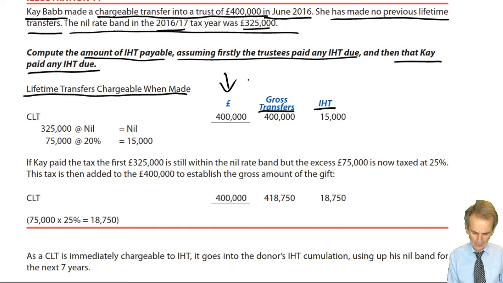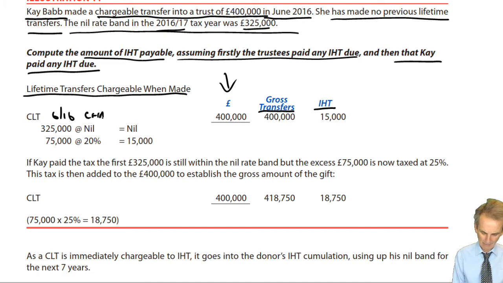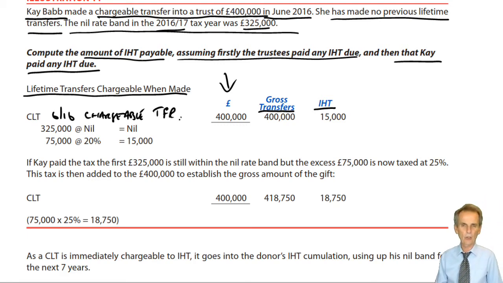But we've also got here a little working column into which, for the CLT, whatever date it was, this was June 16, we put in the amount of the chargeable transfer. The amount of that chargeable transfer is the transfer of value less any lifetime exemptions. We haven't yet discussed what these lifetime exemptions are. We've had vague reference to it, but in the next lecture we will see what those exemptions are.